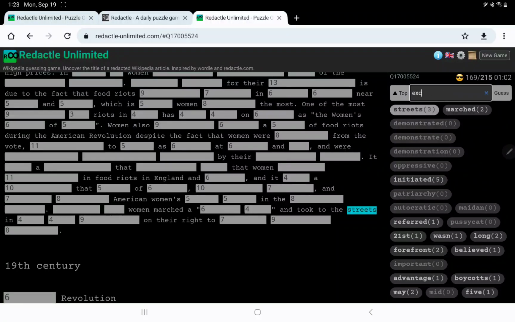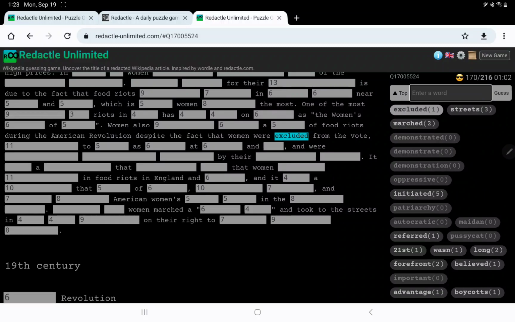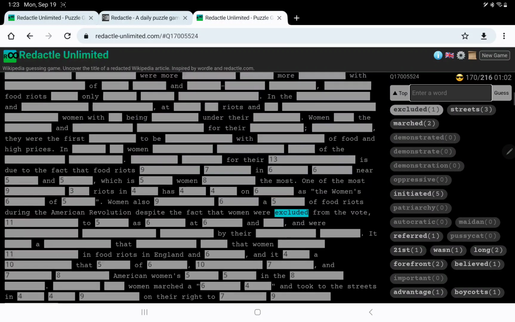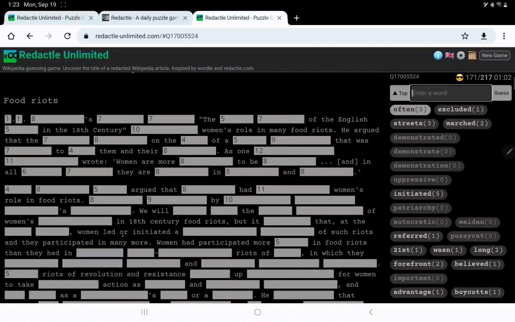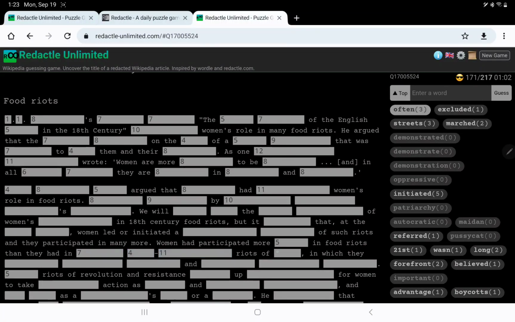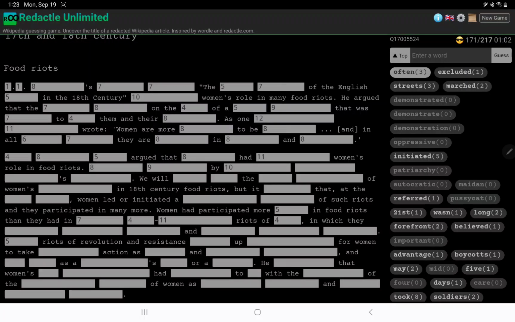Despite the fact that women were excluded, yes, from the vote. Doesn't really help me, though. More often? No, more something. Had participated more something in food riots than they had in 7-4-11 riots of 4.